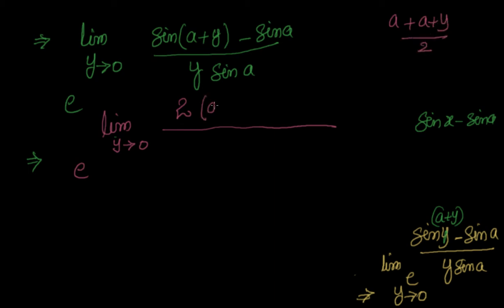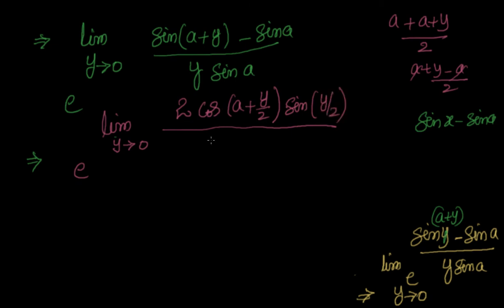So I can say 2 cos of (a plus y) by 2, and next I will have (a plus y minus a) by 2. So that will give me sin y by 2, and I will have sin a into y in the denominator.